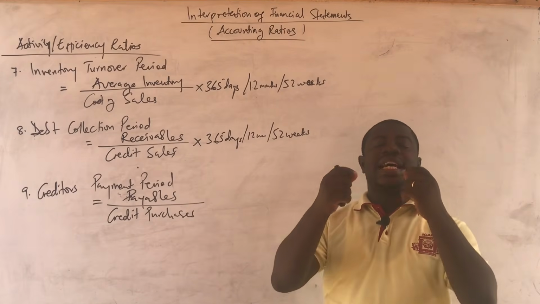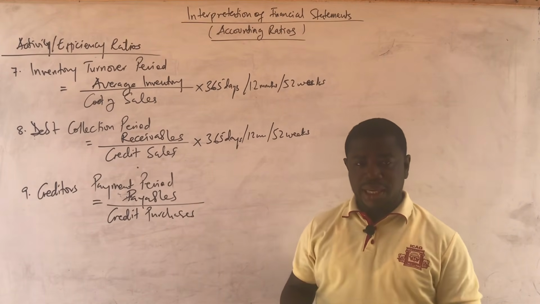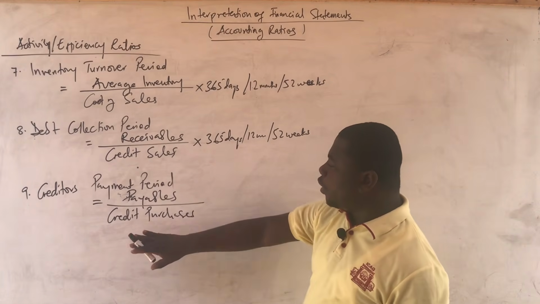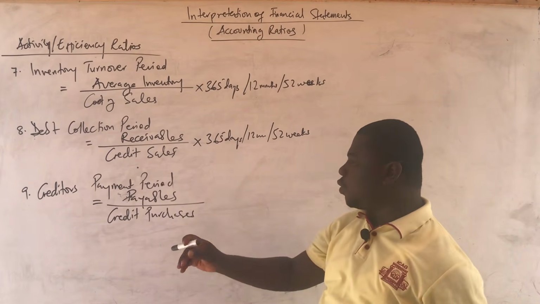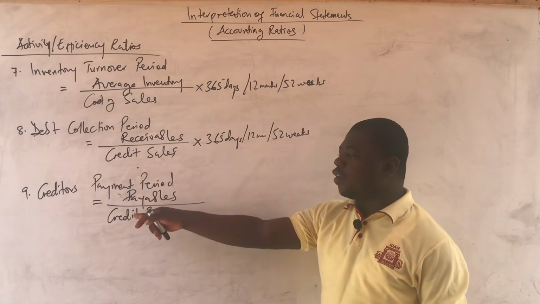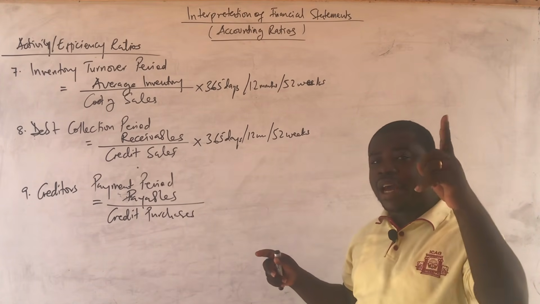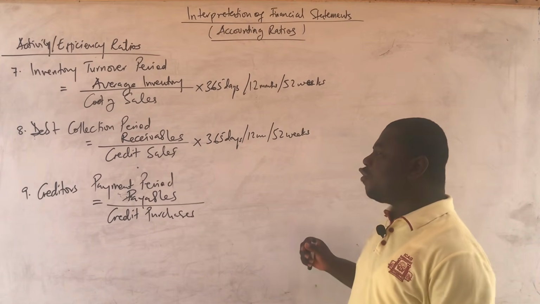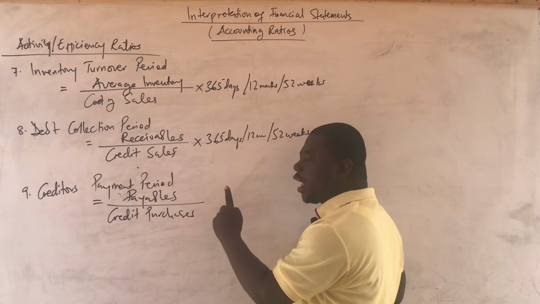And because we cannot identify the exact purchases, this is what we are going to do. When you get to the exam hall, you are allowed to bring cost of sales, the whole of the cost of sales, to replace the credit purchases. So the formula now becomes payables over cost of sales times 100. That is when you don't have purchases and you don't have the credit purchases. But if you have purchases, please, the formula is not cost of sales.